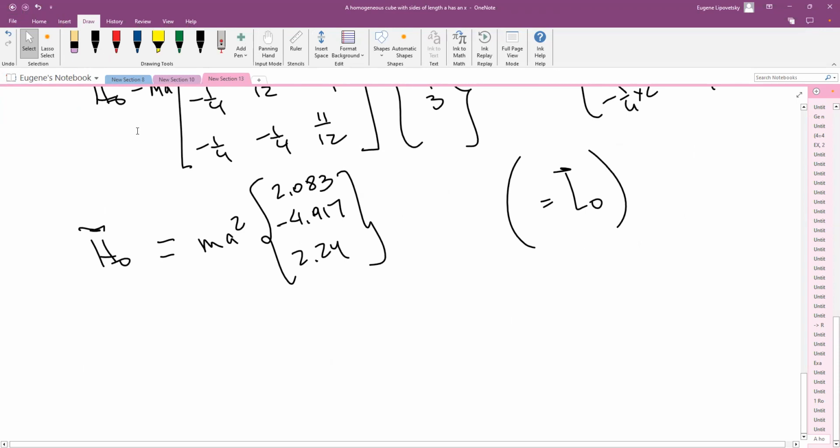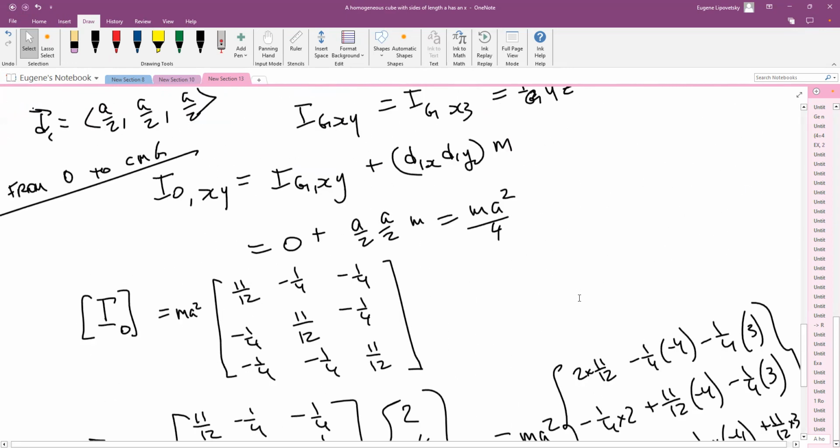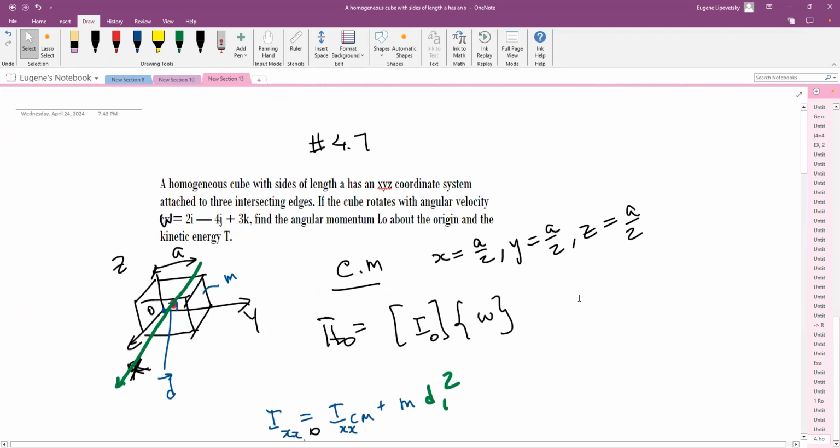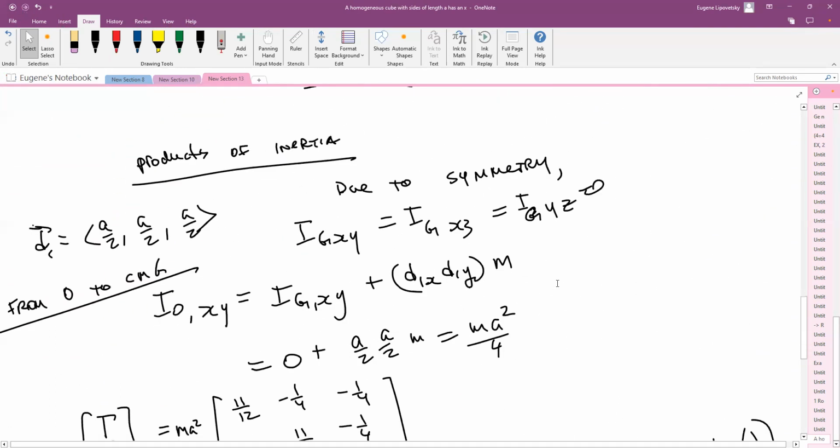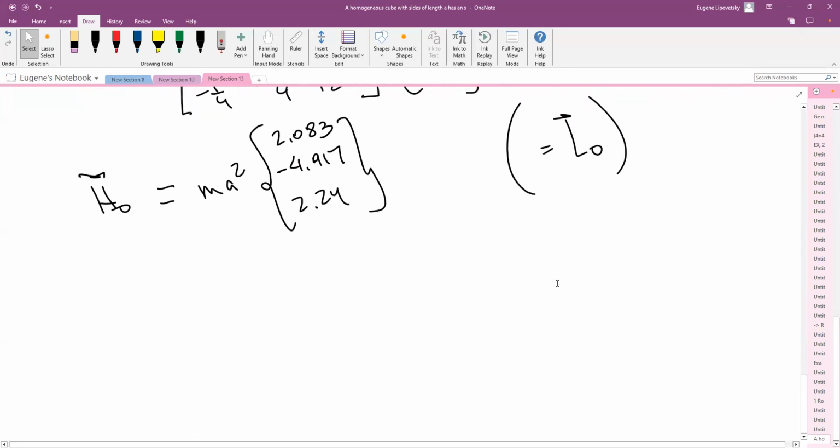Now, the next question is, find the kinetic energy as this thing is rotated about the origin. The kinetic energy is easily found.